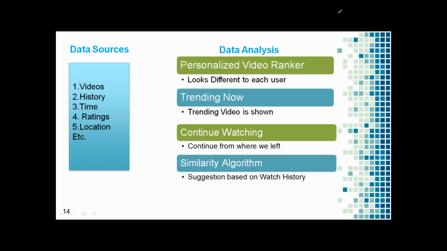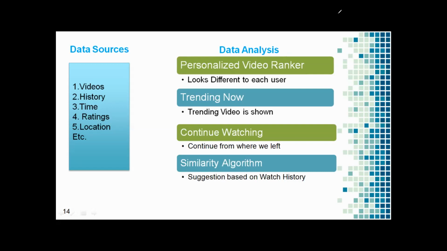Now take one more example. I have taken an example of Netflix. How does Netflix find that you will like this kind of video, and every person has a different look on his or her phone? This is because of the multiple algorithms running behind it.